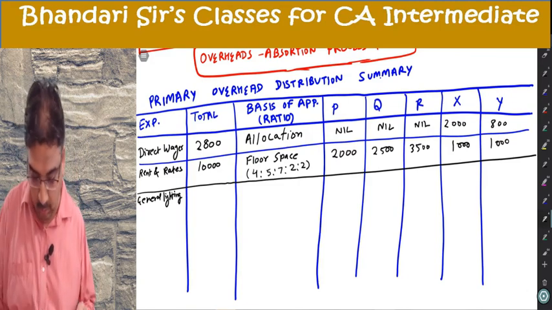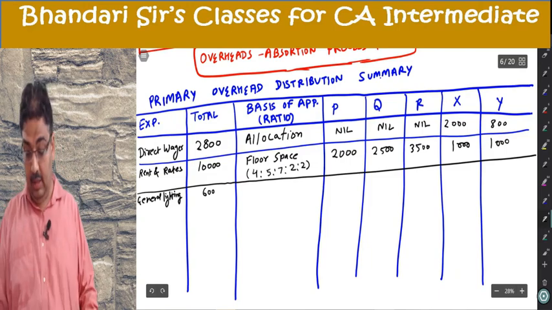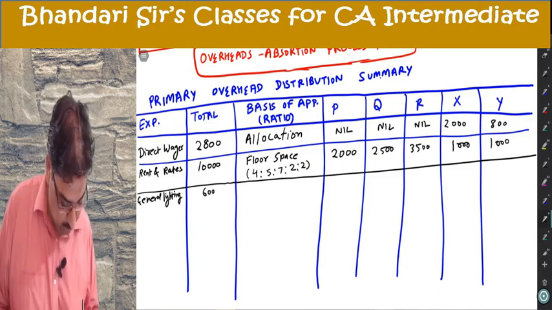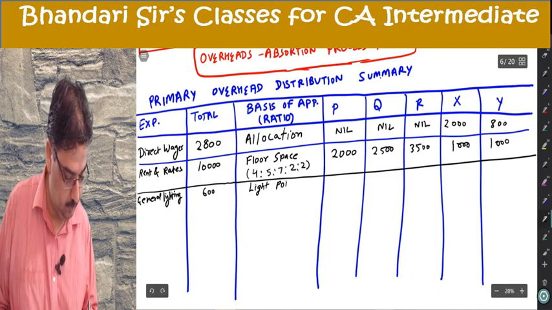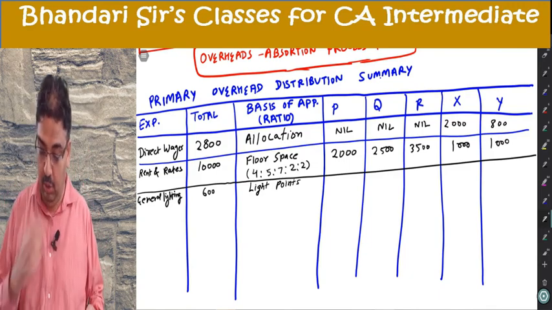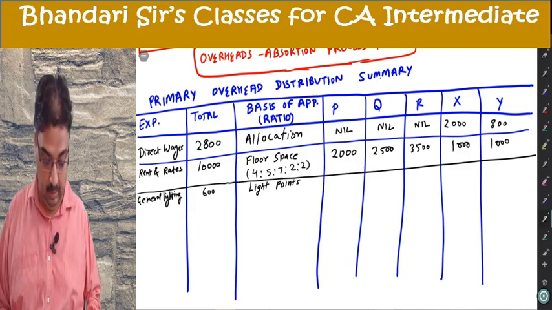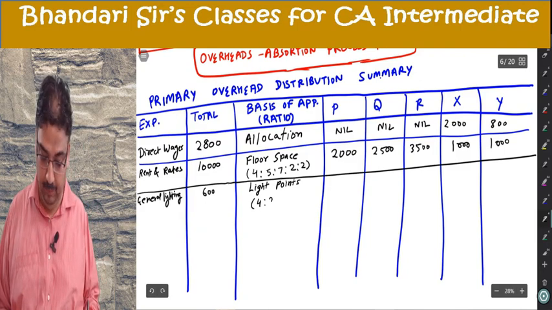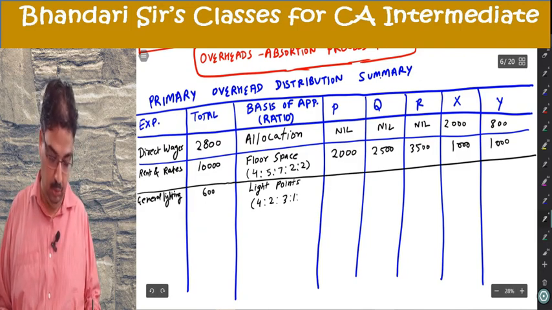General lighting, the amount given there is 600. What is the basis there? Light points given in the question. Now light points are given as 20 ratio 10 ratio 15 ratio 5 ratio 10. 5 is the common factor, so I can write it like 4 ratio 2 ratio 3 ratio 1 ratio 2.